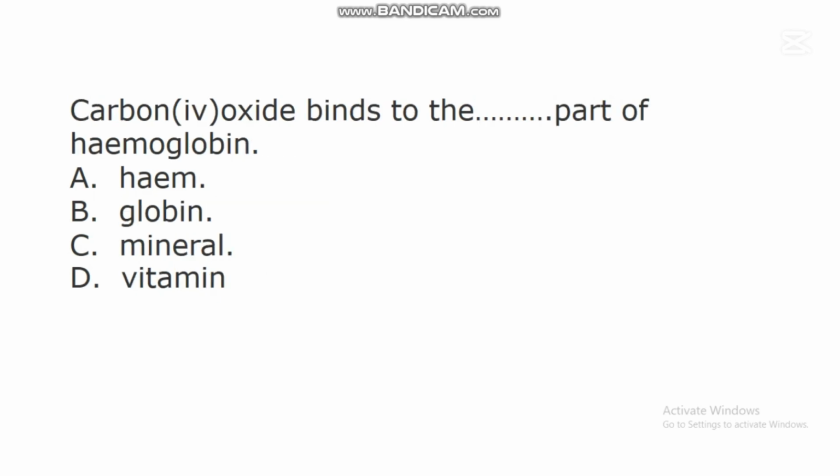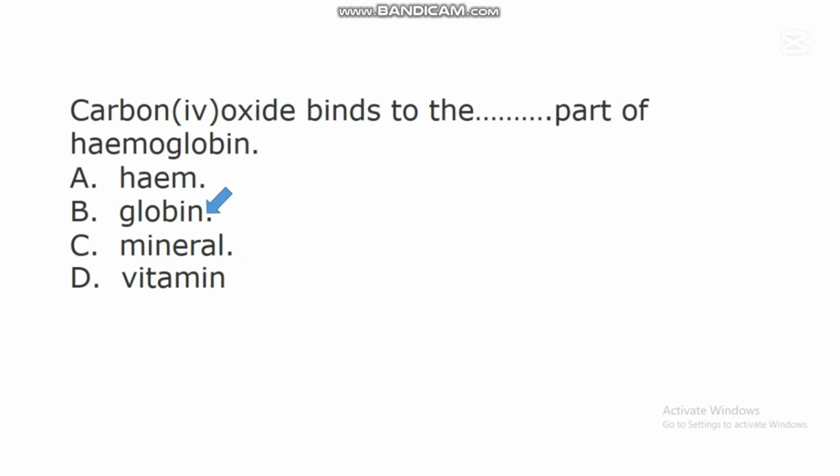The next question says, carbon 4 oxide binds to the dash part of hemoglobin. A. Hem part. B. Globin part. C. Mineral part. D. Vitamin part. In this question, the correct answer is B. Globin part of hemoglobin.